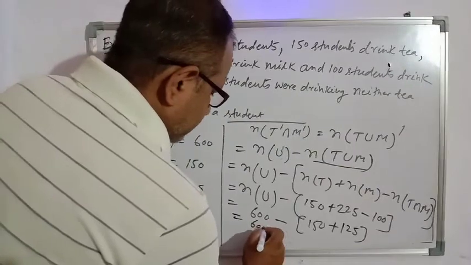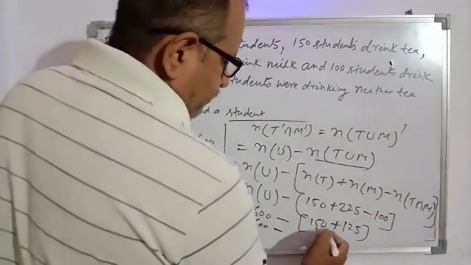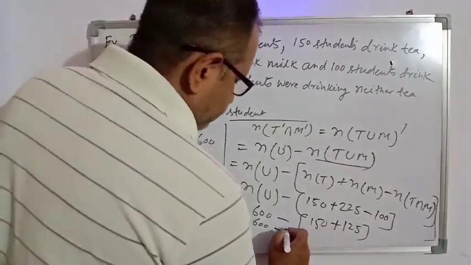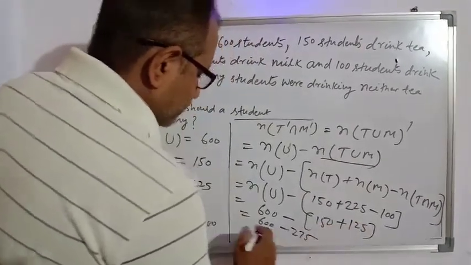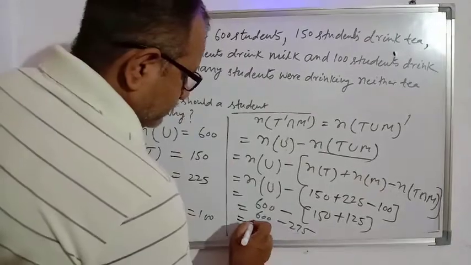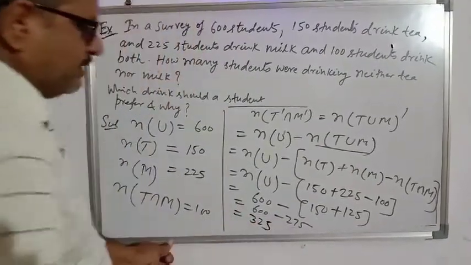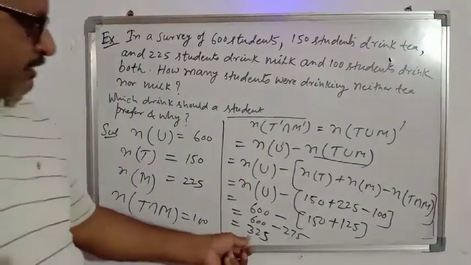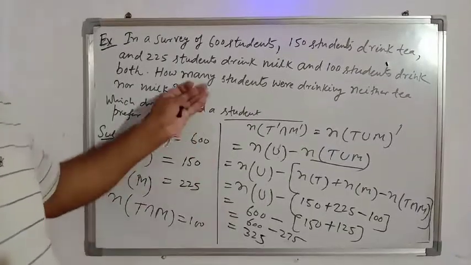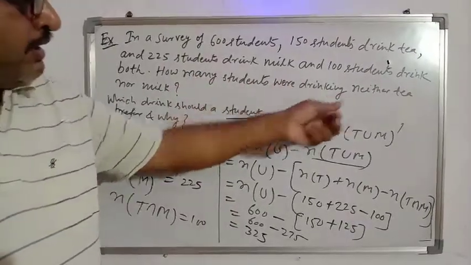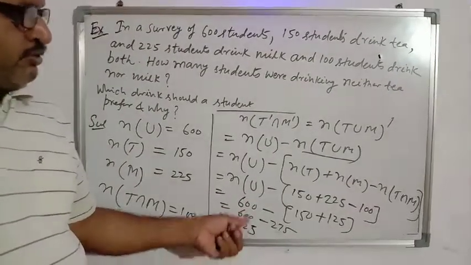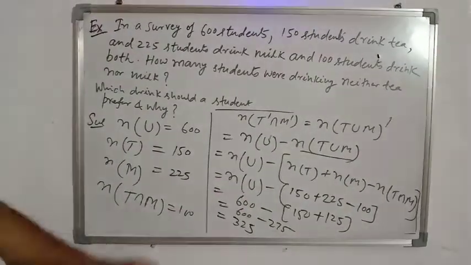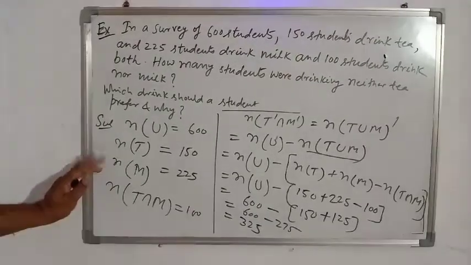So 600 minus, adding 150 plus 125, we get 275. Subtracting, we get 325. So 325 students were drinking neither tea nor milk. 325 students do not take any drink. So in this way we can solve this problem.